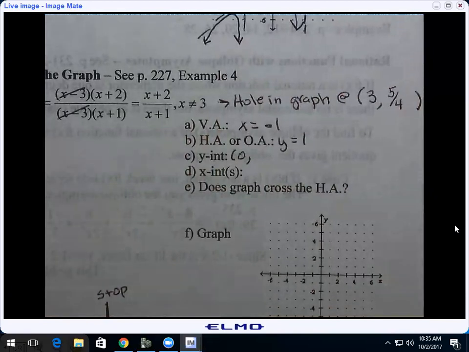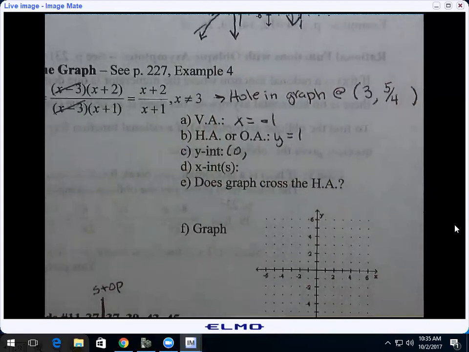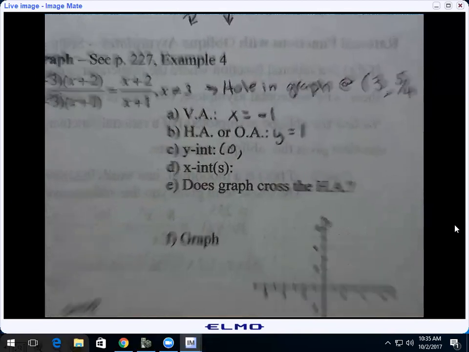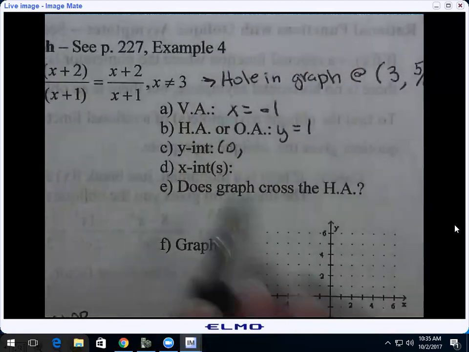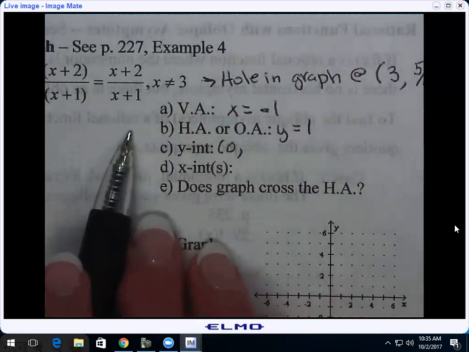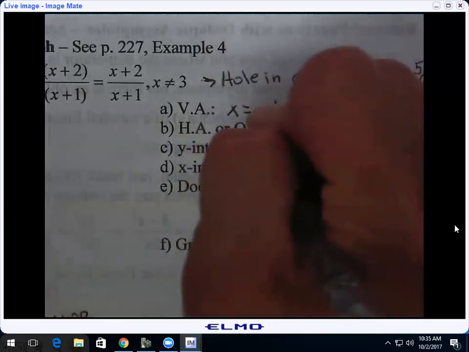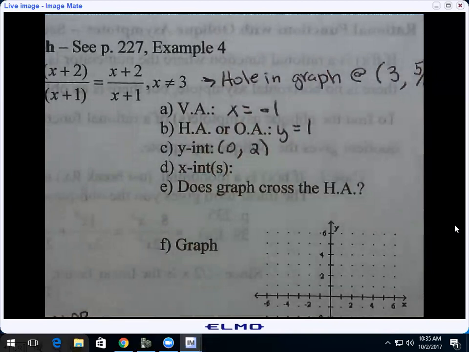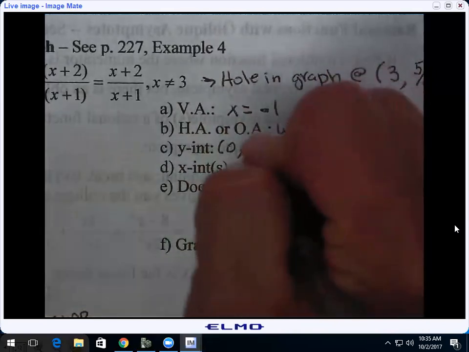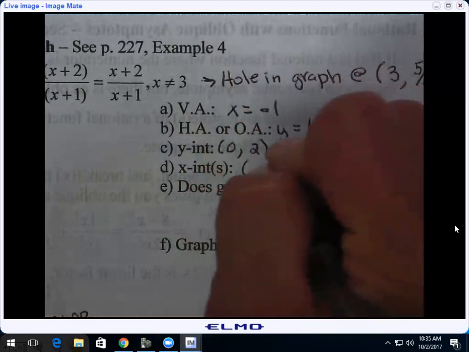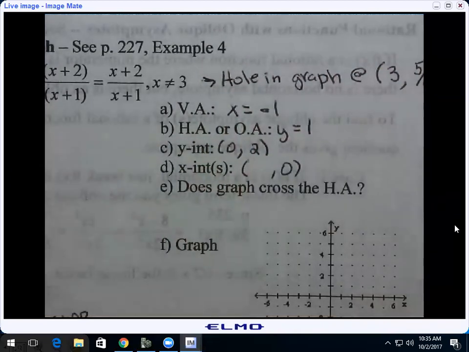What's the y-intercept? If I let x be 0, I get y is 2. What's the y-intercept? Or excuse me, the x-intercept? Laura, where do you get an x-intercept?